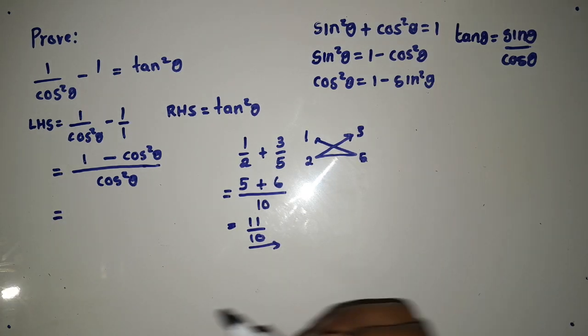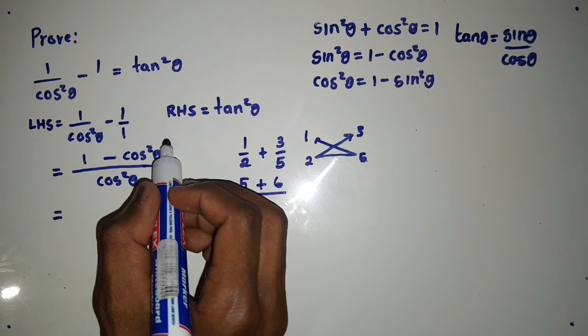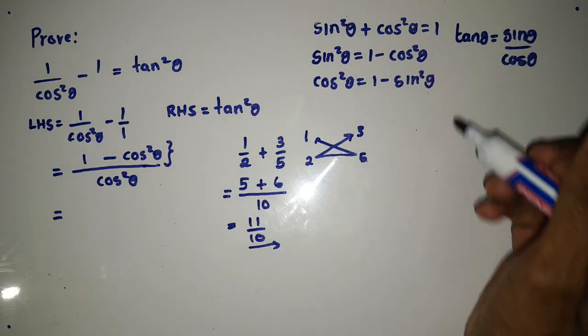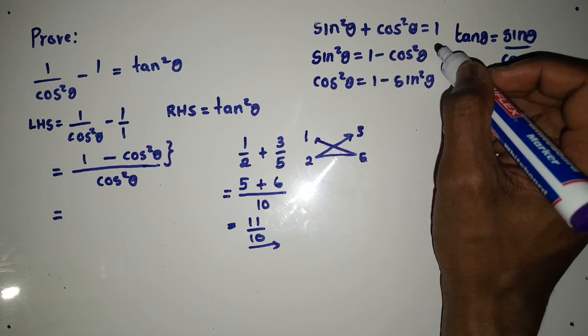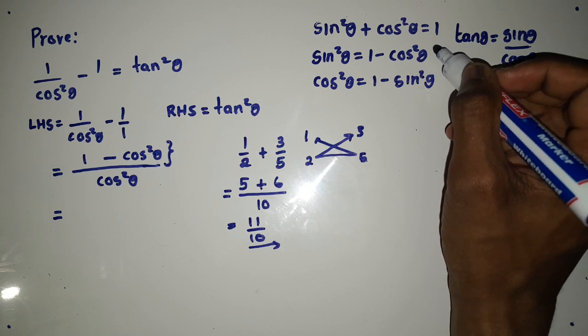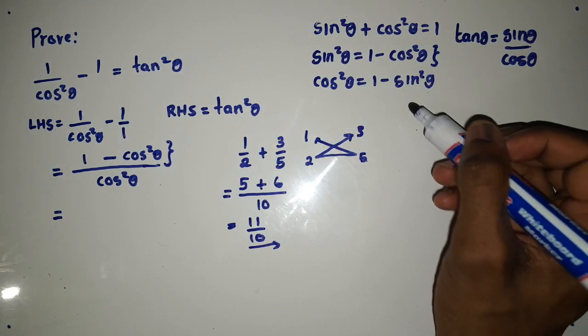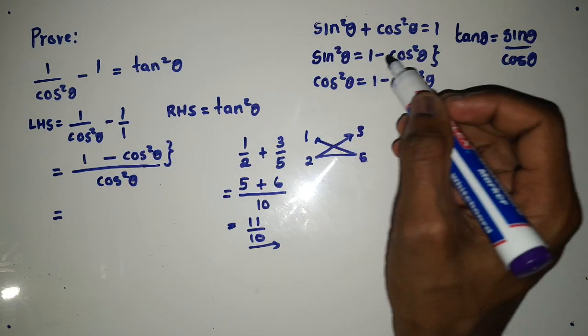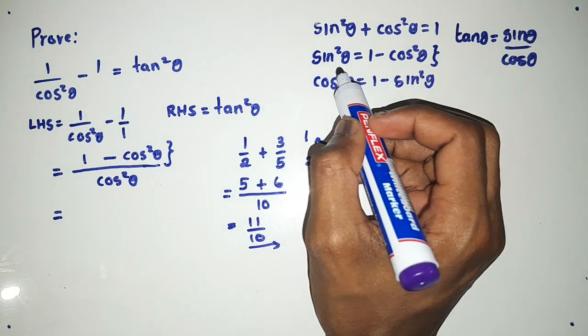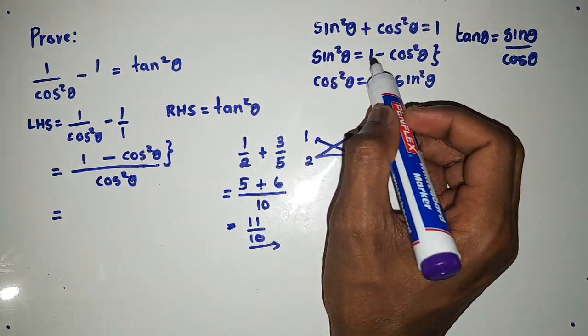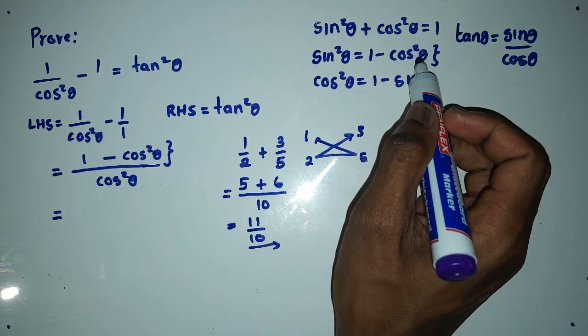Now check on our numerator. Let us go back to our identities. We saw that sine squared theta is equal to 1 minus cos squared theta.